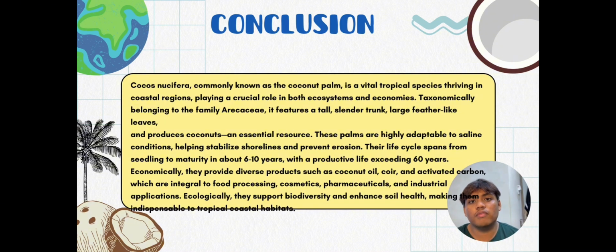Economically, they provide diverse products such as coconut oil, coir, and activated carbon, which are integral to food processing, cosmetics, pharmaceuticals, and industrial applications. Ecologically, they support biodiversity and enhance soil health, making them indispensable to tropical coastal habitats.